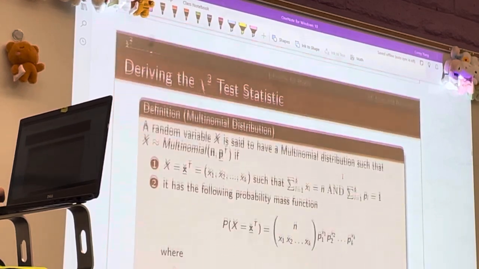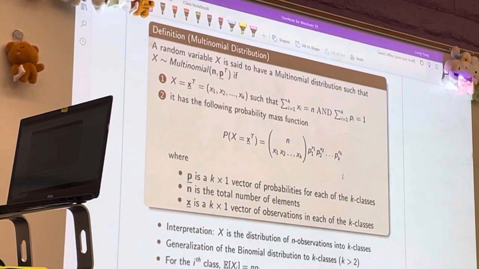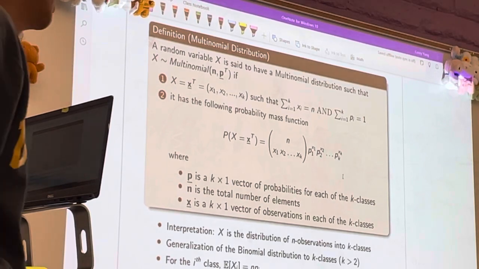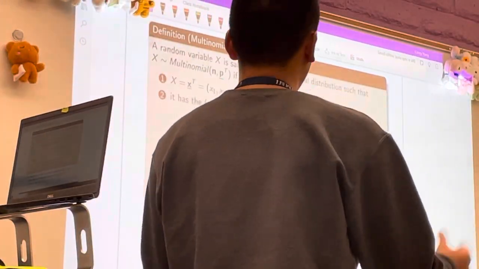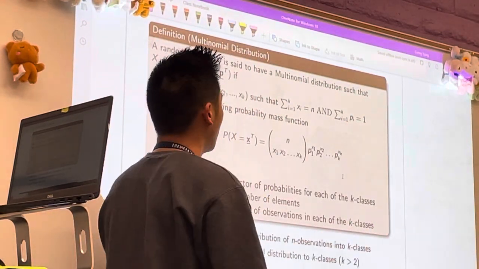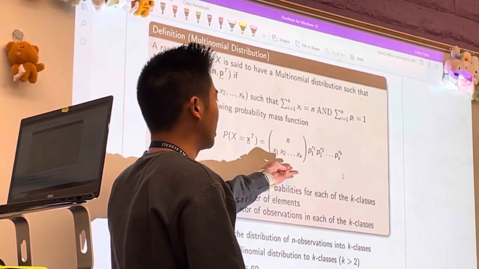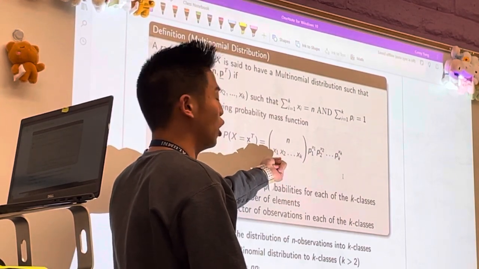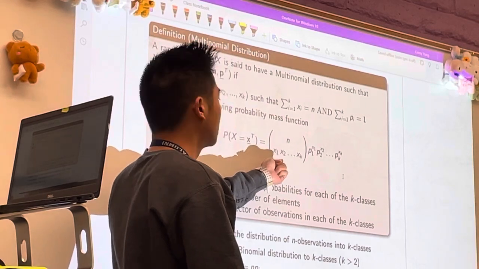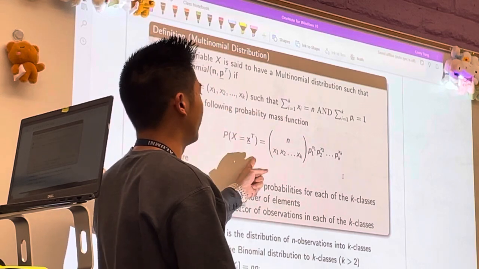Okay? Now, what happens if you have multiple classes? Not a binomial case, but a multinomial case. The multinomial distribution, just extending what we had for the binomial, with multiple classes instead of 2, follows this distribution. For those of you who know multi-dimensions, these are vectors of probabilities and values.